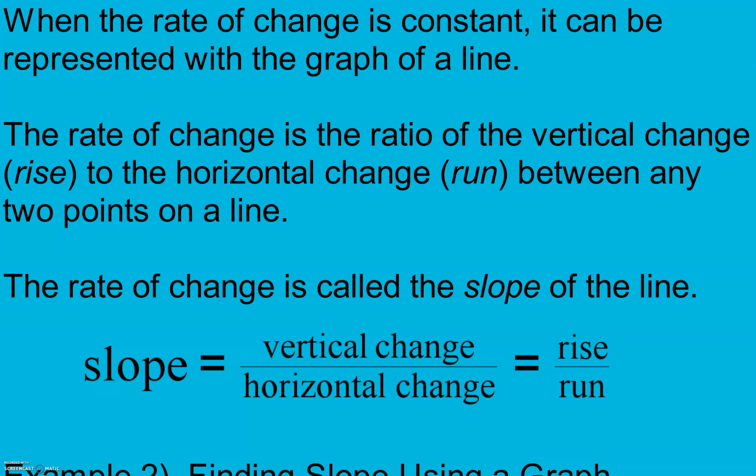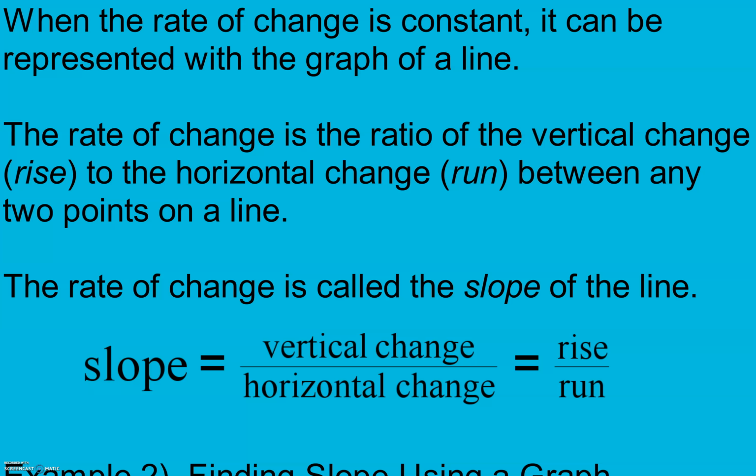When the rate of change is constant, it can be represented with the graph of a line. The rate of change is the ratio of our vertical change, the rise, to the horizontal change, the run, between any 2 points on a line. So the rate of change is called the slope of a line. It tells us how steep it is.